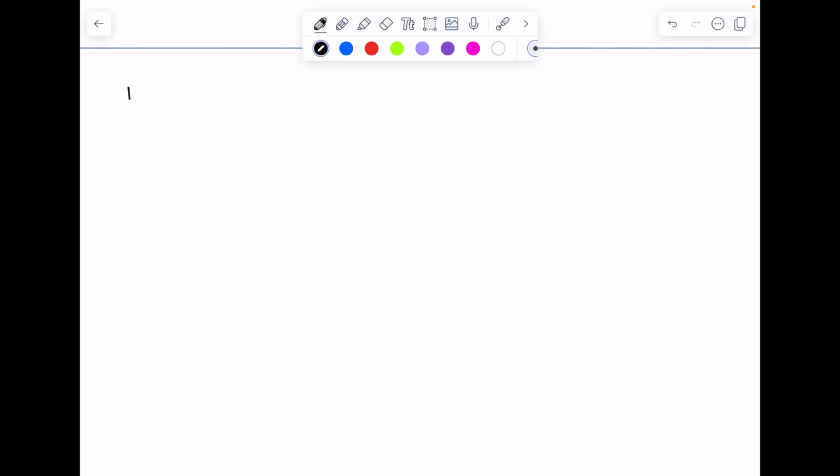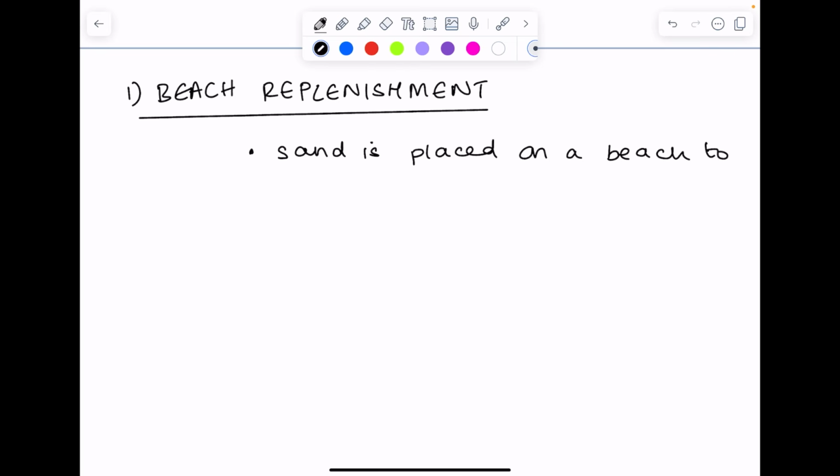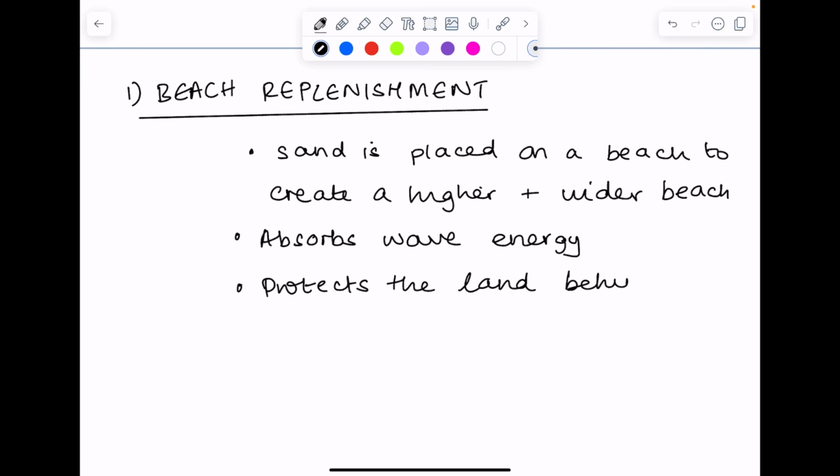So beginning with beach replenishment. As the name suggests, sand is placed on a beach to create a higher and wider beach, meaning that more wave energy can be absorbed, thus protecting the land behind. So what are the various advantages of this?